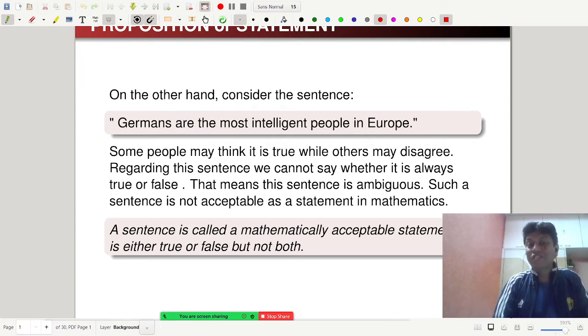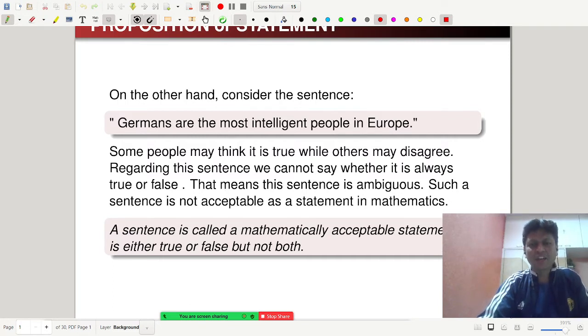Such a sentence is not acceptable as a statement in mathematics. Okay? So a sentence is a mathematically acceptable statement if it is either true or false, but not both. So naturally, a declarative sentence which is either true or false but not both is called a proposition or statement.